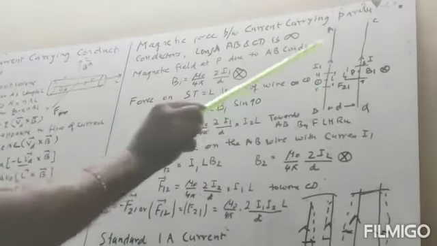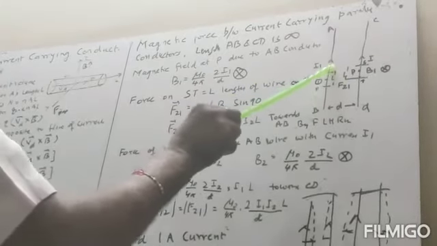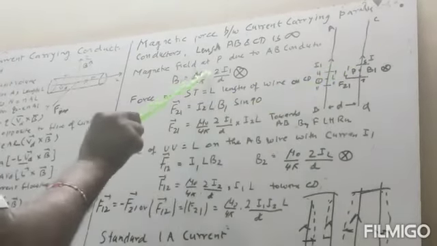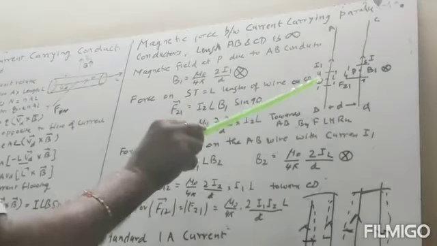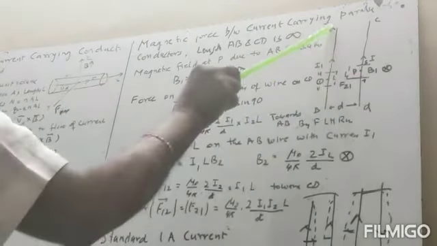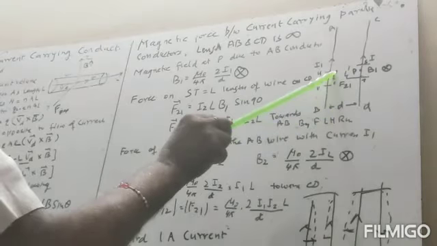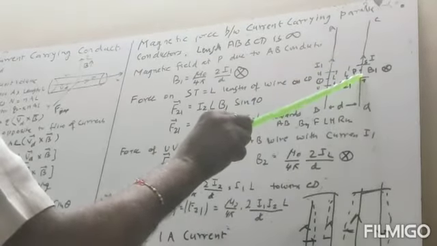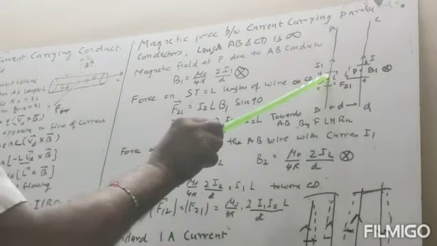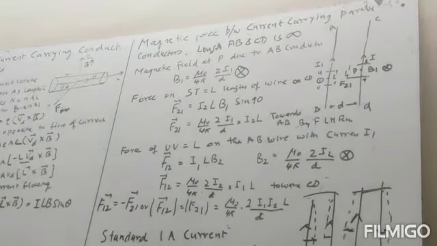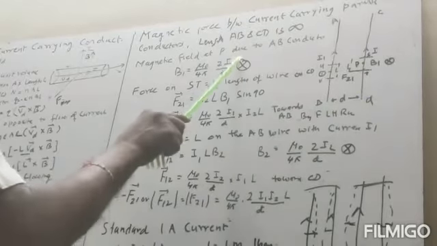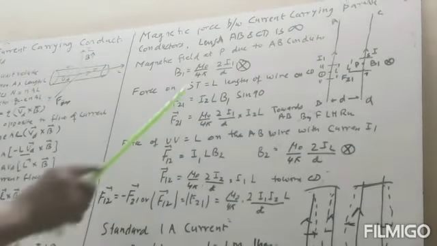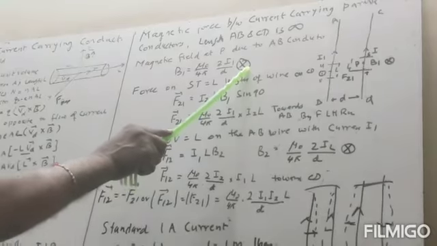The magnetic field due to wire 1 is B1 = mu0/4 pi times 2 I1 divided by d, where I1 is the current passing through this wire and d is the distance between the two wires. The direction of the magnetic field is given by the right hand thumb rule. This is the direction of current, so the field will be inward, inside the board, represented by a cross.